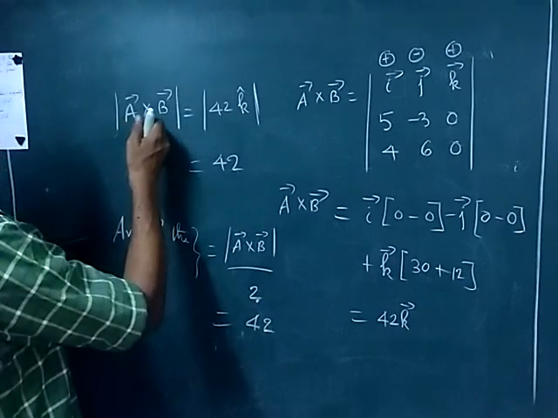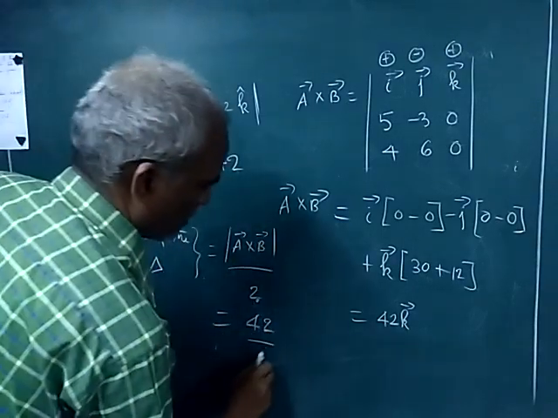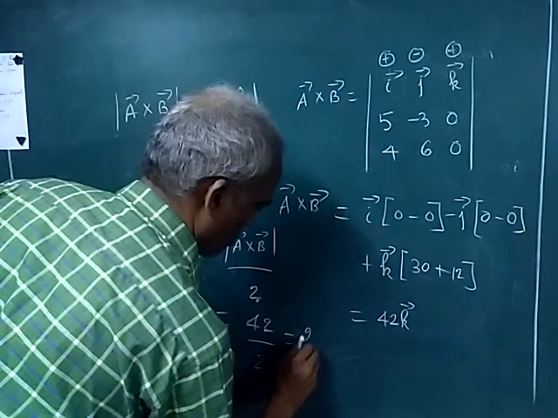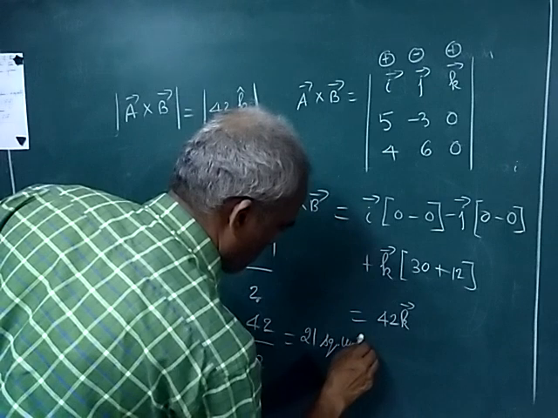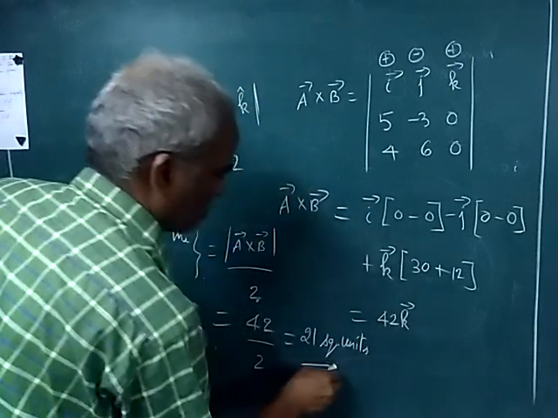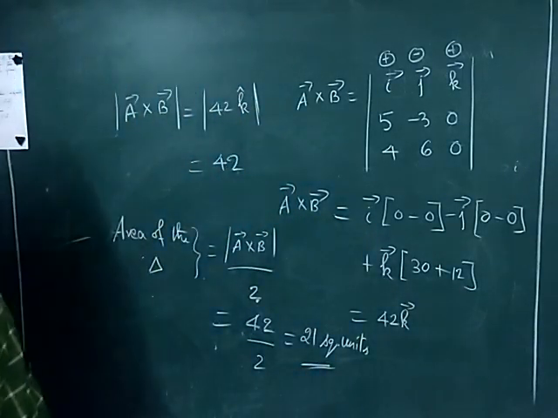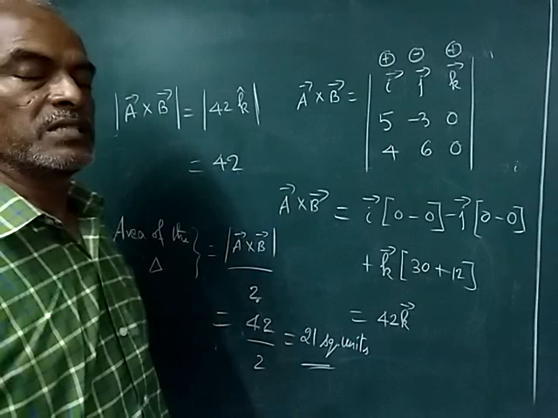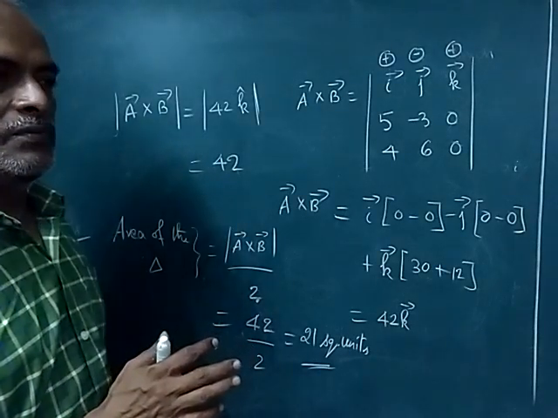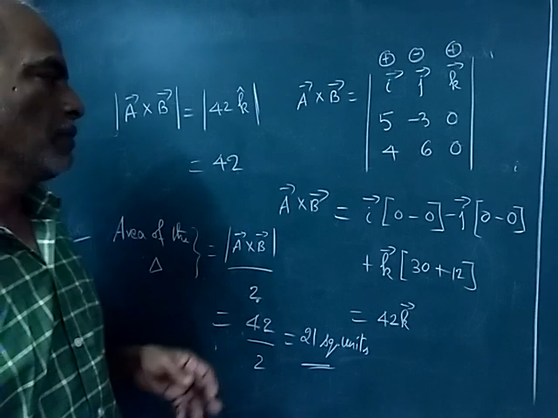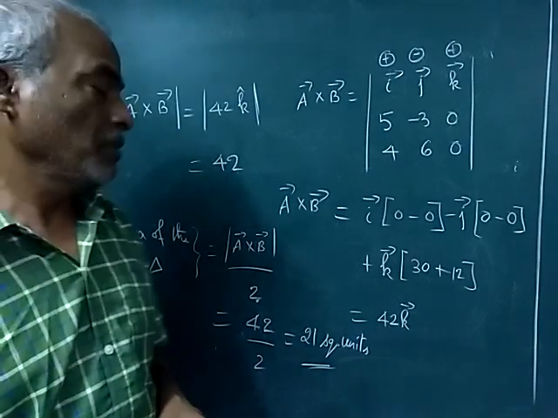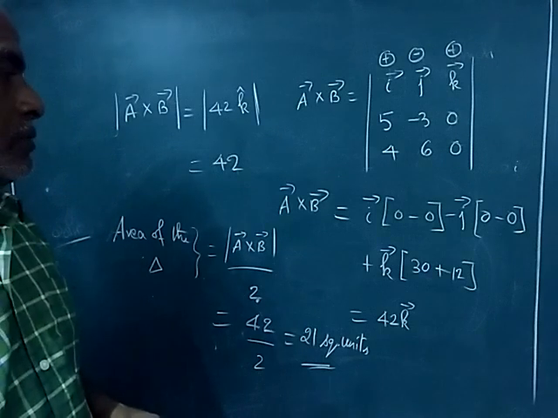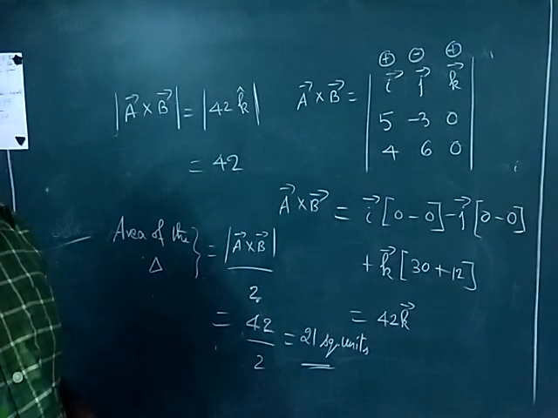Magnitude of a vector cross b vector, that value is divided by 2, which is equal to 21 square units. So this is the area of the triangle whose two sides are given by a vector and b vector. Hope you have understood this problem.